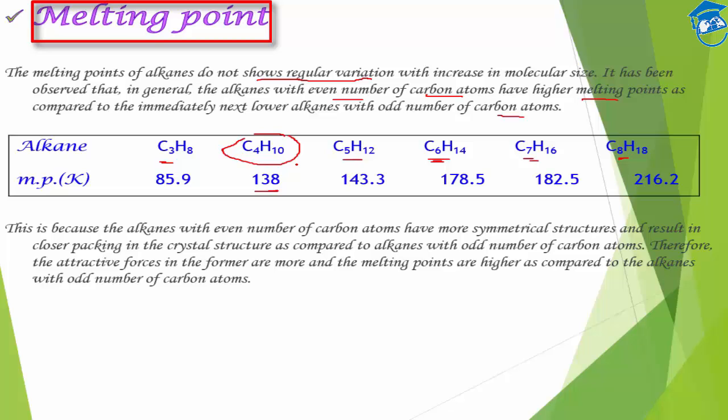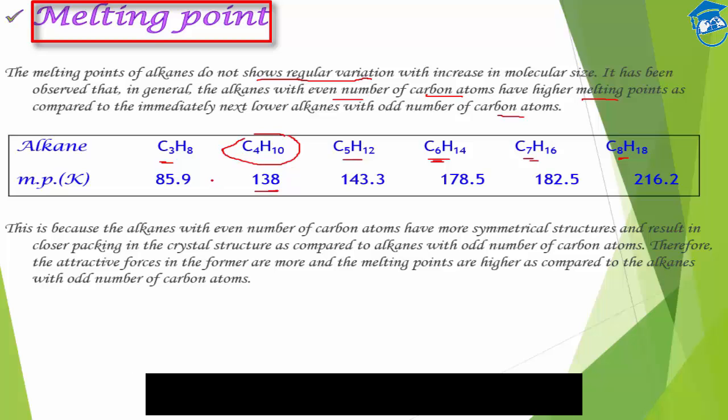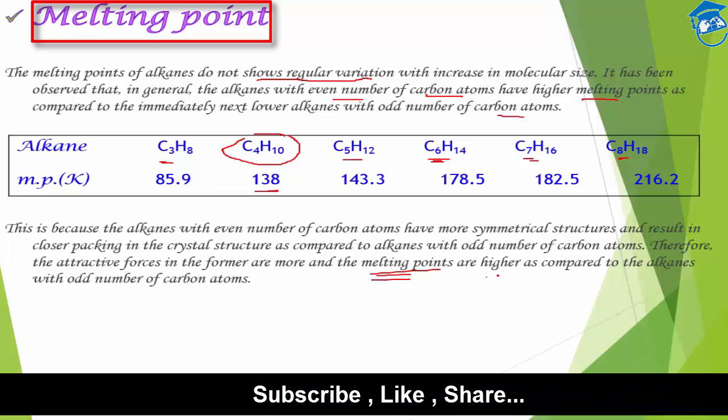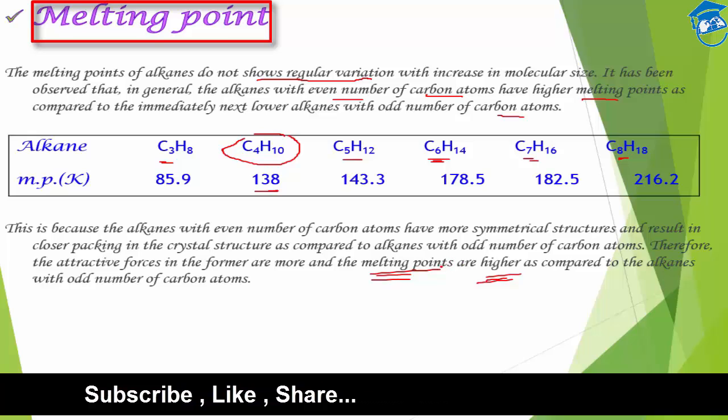If it is even, it is more symmetric, more structured, so their packing will be more efficient as compared to the odd number of carbon atoms. Hence, the attraction forces will be more, and because of that, the melting point for even number of carbon atoms will be higher as compared to odd number of carbon atoms.